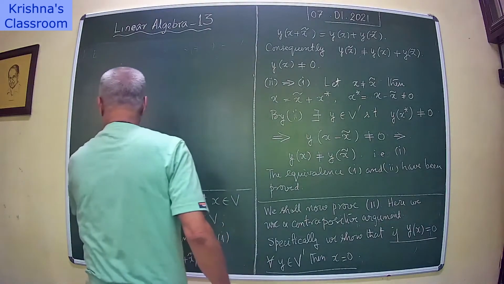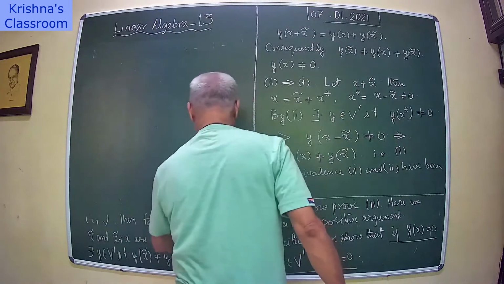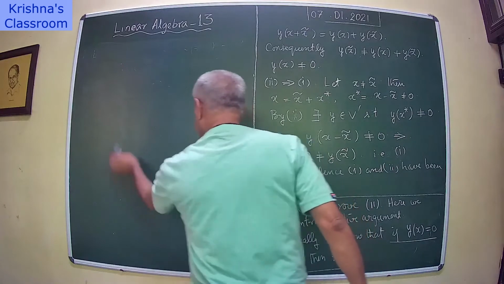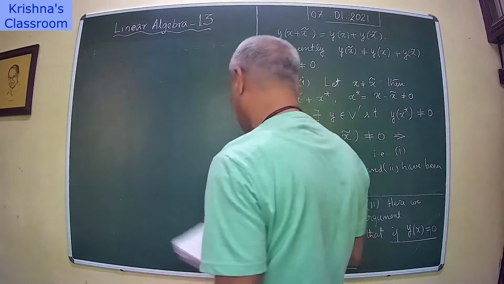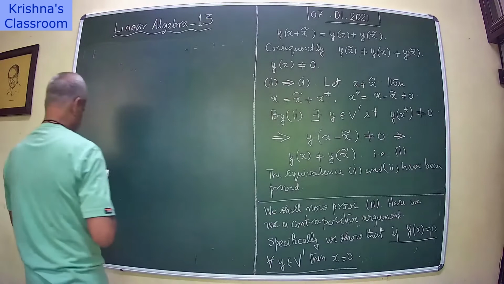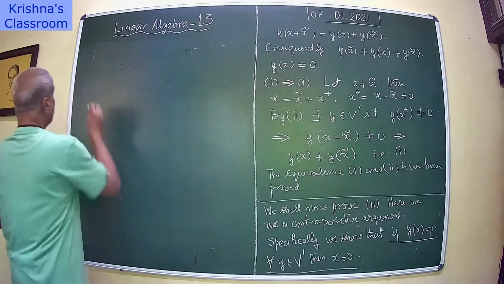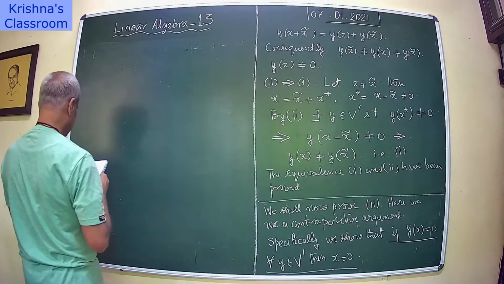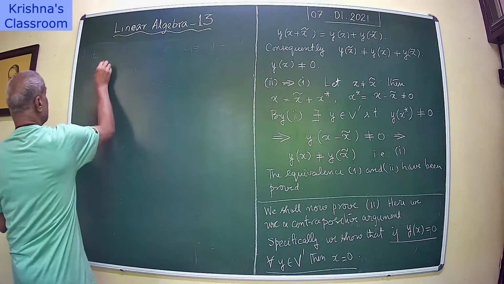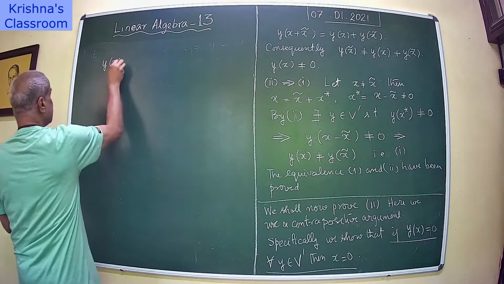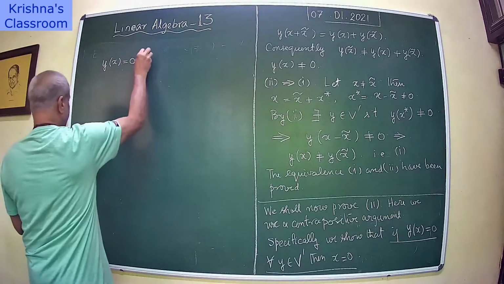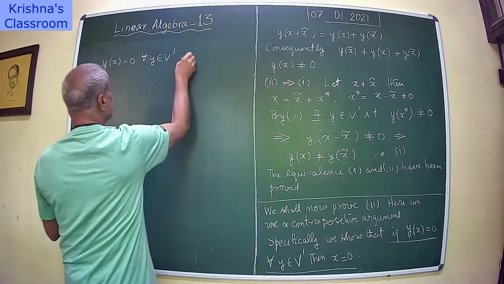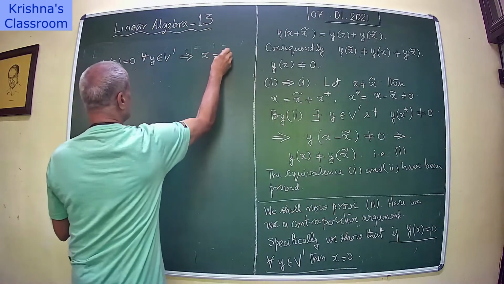Let's see how this contrapositive argument we arrive at. Or why do we say that it is enough to prove this? For that, suppose we have proved this. Look at this statement: y x equal to 0 for every y belonging to V prime implies x equal to 0.